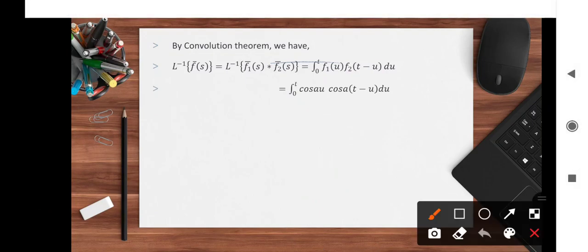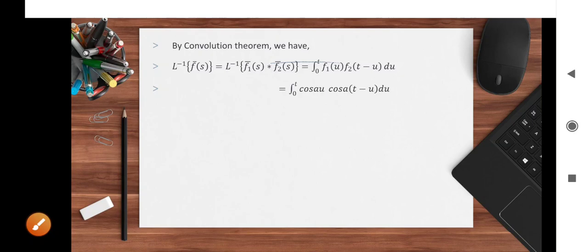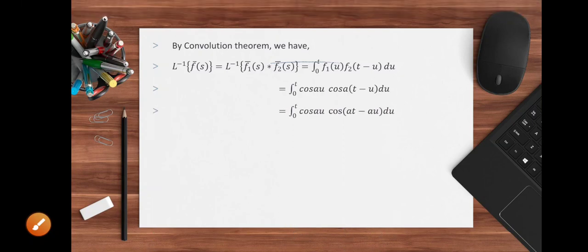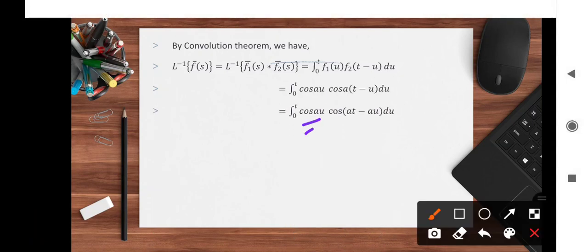So here you get the term as cos of a into (t minus u) du. We will first simplify the second term. The first term will remain as it is, cos au. Here the second term is written as cos of (at minus au), where the terms inside the bracket are multiplied by the constant multiplier a.